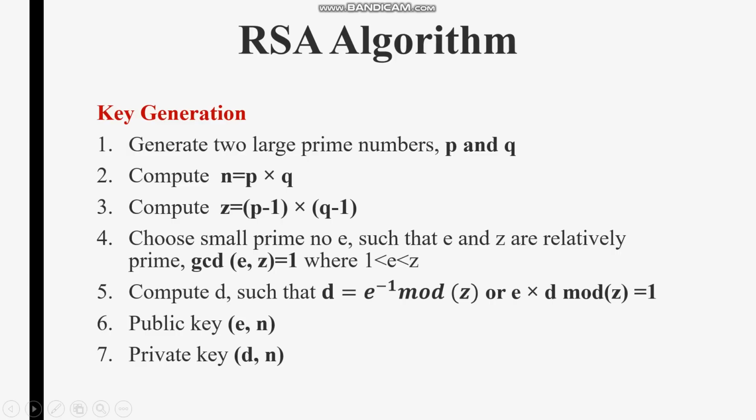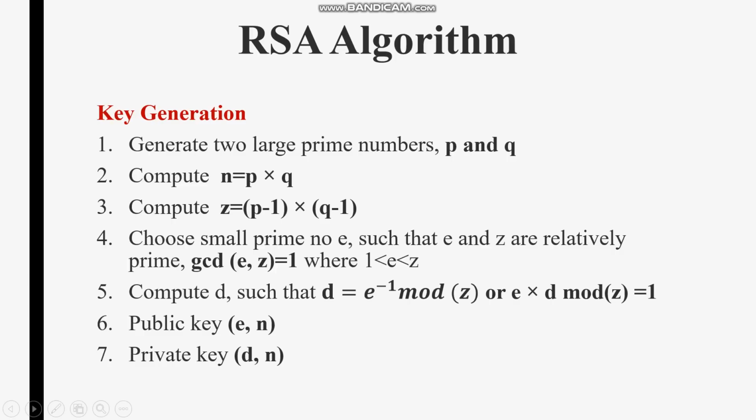Once you know n, compute z, which is (P minus 1) multiplied by (Q minus 1). How do we compute z? It is (P minus 1) times (Q minus 1).